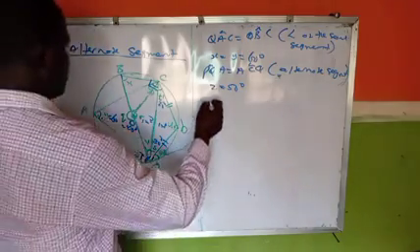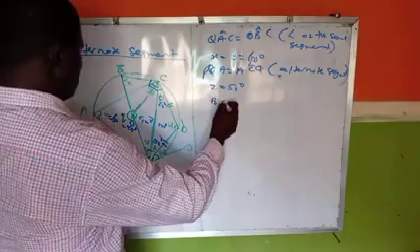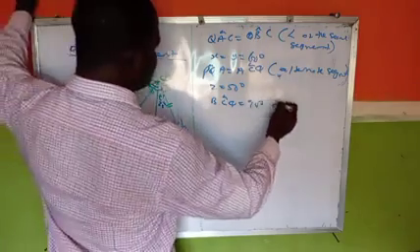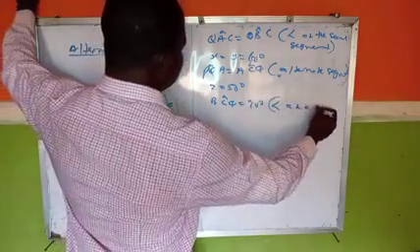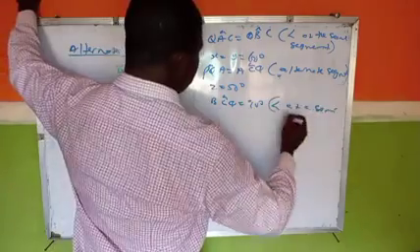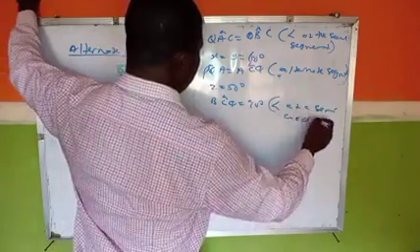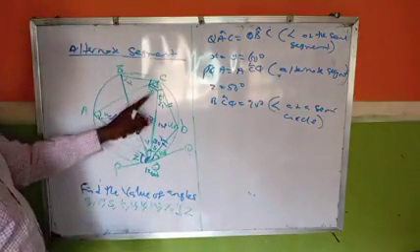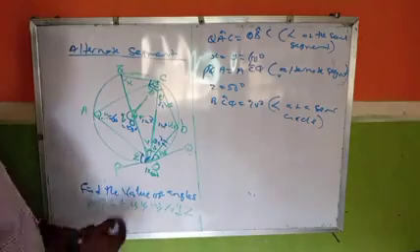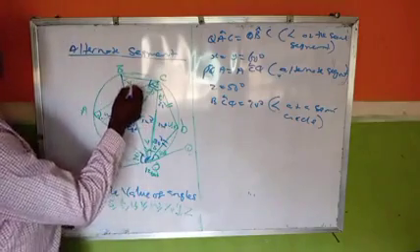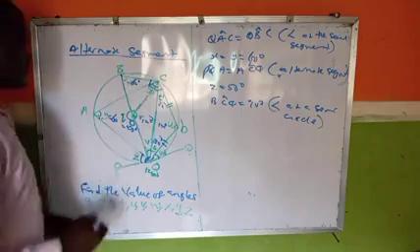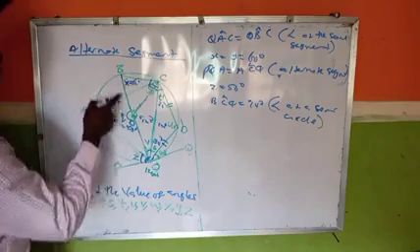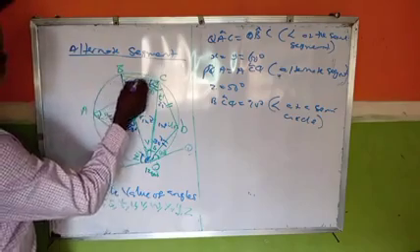That is angle BCQ equals 90 degrees. That's angle at a semicircle. Then, getting X to be 60 degrees.